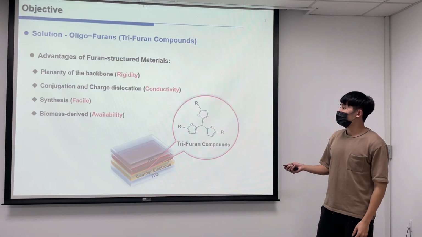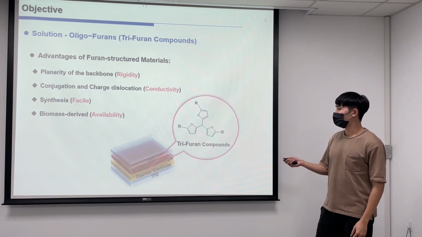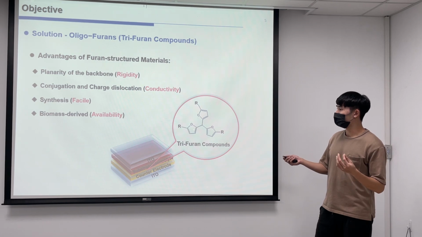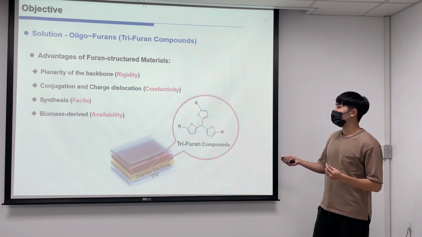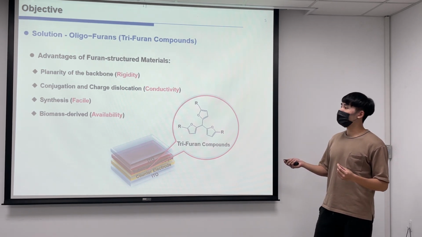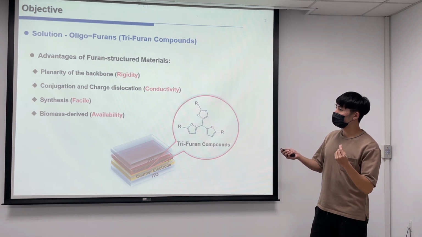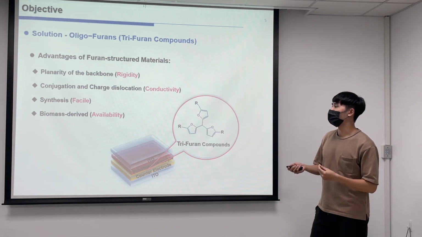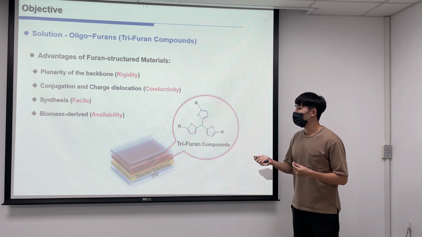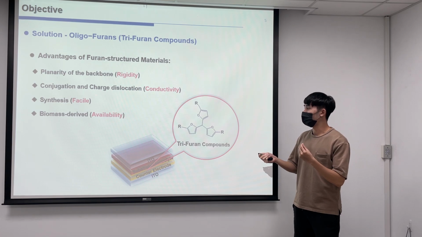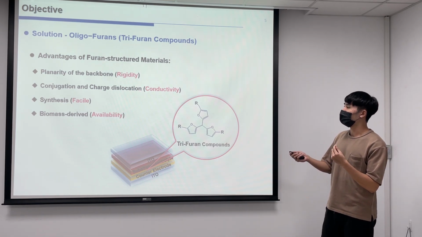Our team works on trifuran compounds. It is like three furan rings connected to each other. This material has some advantages, such as a robust, strongly rigid backbone. It is also very densely packed and has higher conductivity.